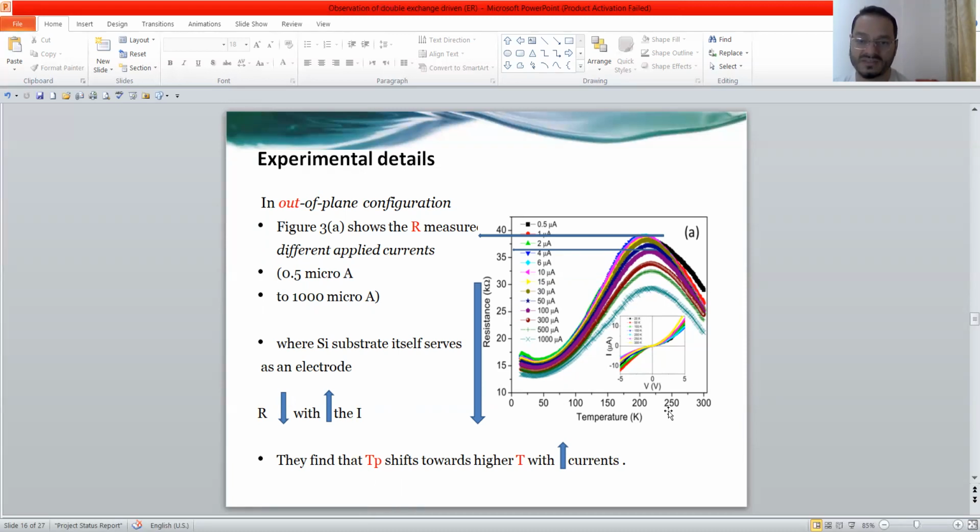Let me prove that, like we're seeing here: 250 Kelvin, and this peak temperature is between 250 Kelvin and 150 Kelvin. That means at higher temperature.